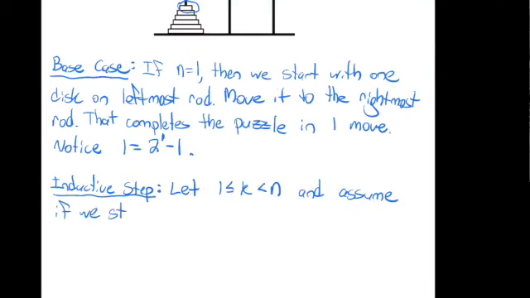The induction hypothesis is going to be that we can solve this game if we have k disks from the start. And then we want to show that this is therefore going to show that we can solve this game if we have more than k pieces.